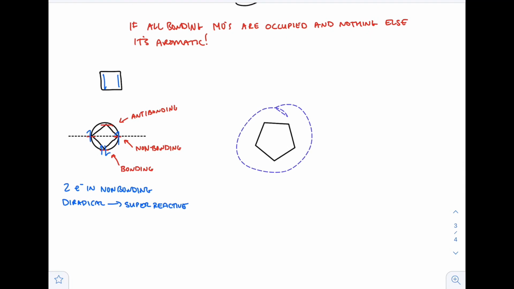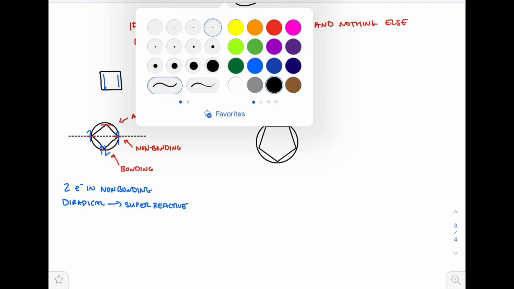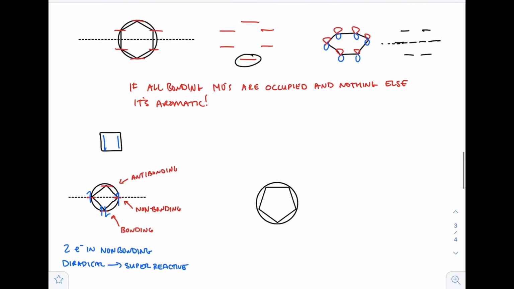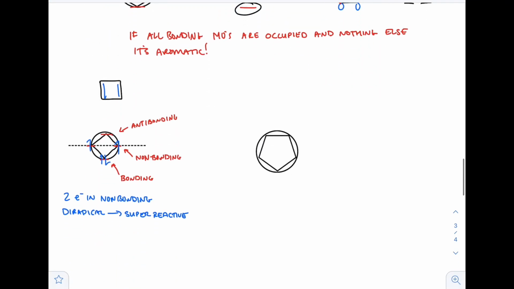So we'll do 4, 5, 6, 7, 8, 9, and this will allow you to see that, for example, in this cyclopentadiene or whatever kind of 5-membered ring we're dealing with, if we're drawing the ring properly and bisecting the circle properly, we should have 3 bonding orbitals on the bottom and then 2 antibonding orbitals on the top.